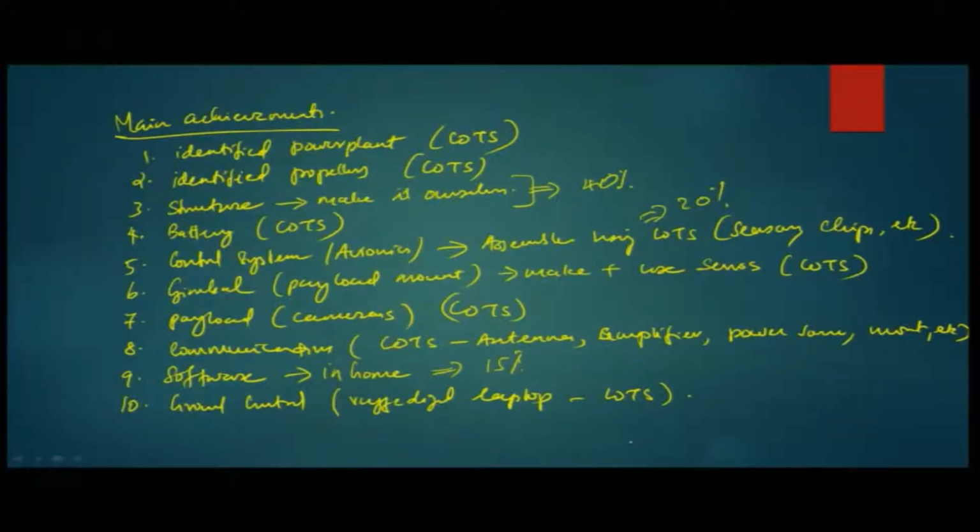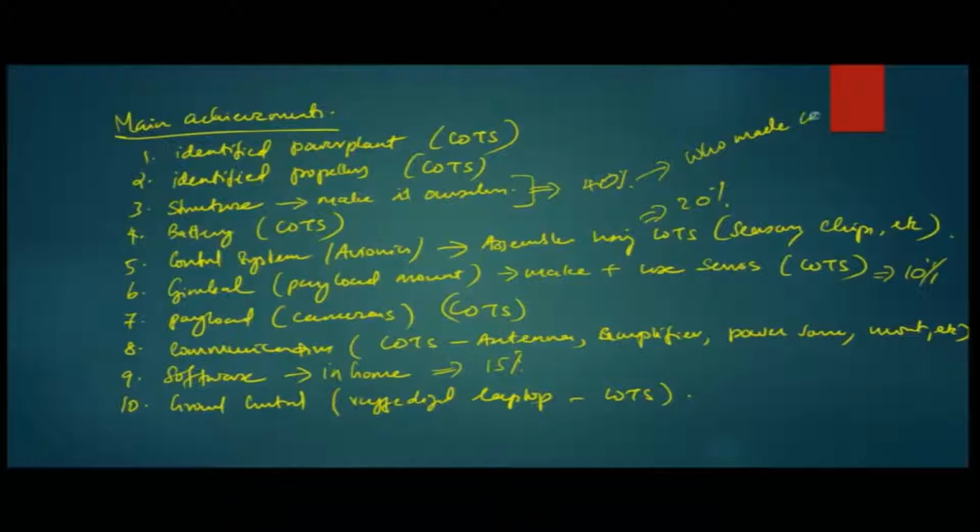And gimbal would be another 10%. So, 40 plus 20 is 60, plus 10 is 70, plus 15 is about 85% of it, we can assume that it was built by ourselves in different phases. If you ask the question, obviously, as in this case, who made carbon fiber?